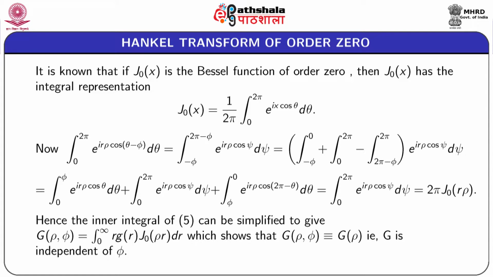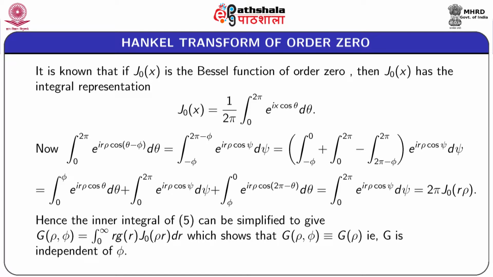Now, it is known that if J0(x) is a Bessel function of first kind of order 0, then J0(x) has the integral representation J0(x) equal to 1 by 2 pi integral from 0 to 2 pi e to the power i x cos theta d theta.